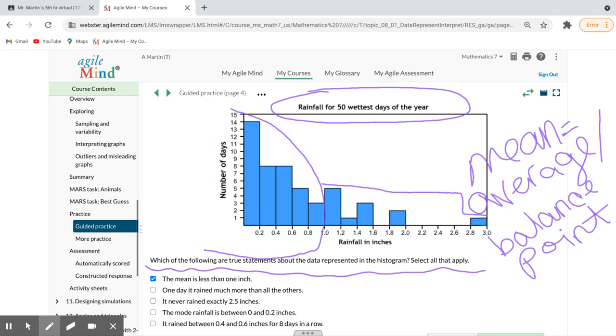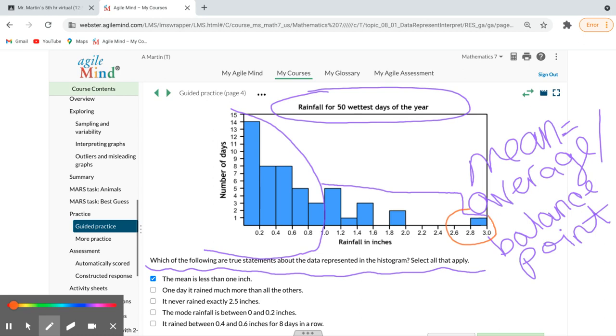Next thing that it says is one day it rained more than all the others. Is that true or false, Akira? True? I don't know. Somebody help her out. It looks true to me. True.